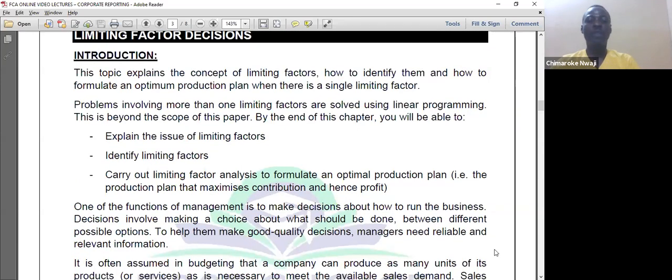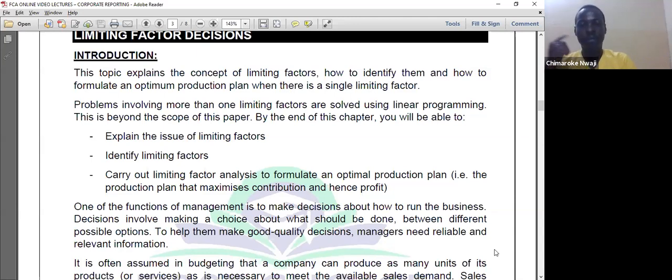Now, one of the functions that management perform is decision making. Now, they decide how the business should run, what should be produced, how to produce, and who to produce for. All these are decisions that management take.